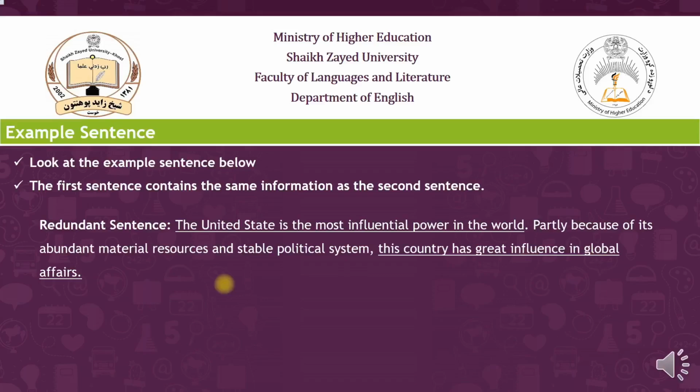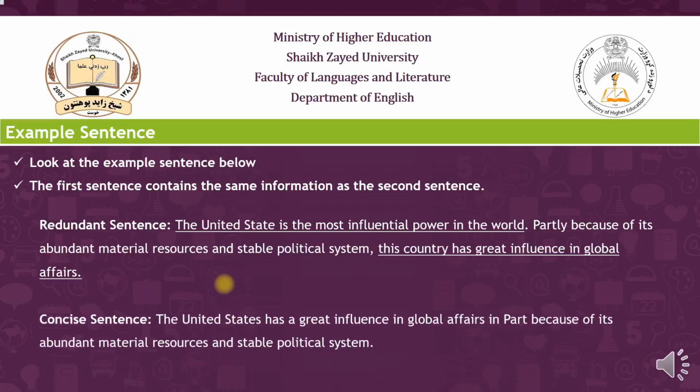So for this redundant sentence, we can write a concise sentence. Here you can see: the United States has a great influence in global affairs in part because of its abundant material resources and stable political system. These two sentences have the same meaning, but this sentence is short, to the point, and also understandable.